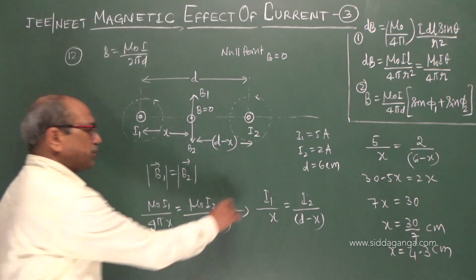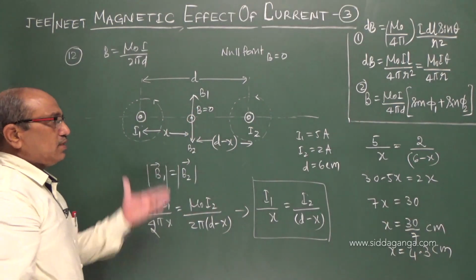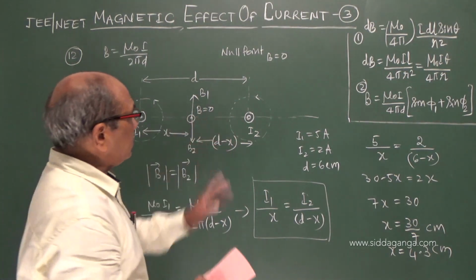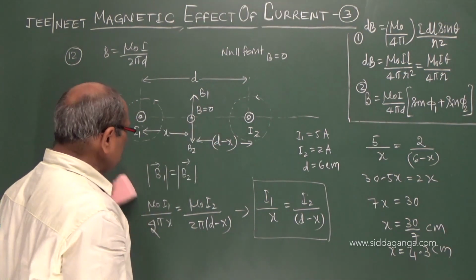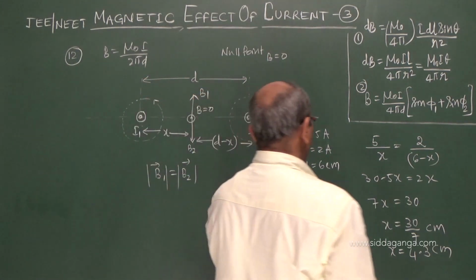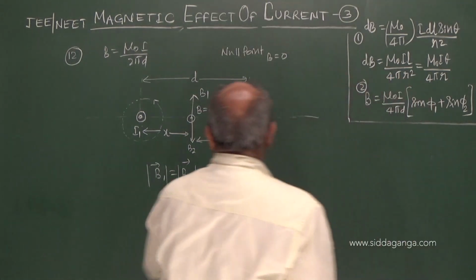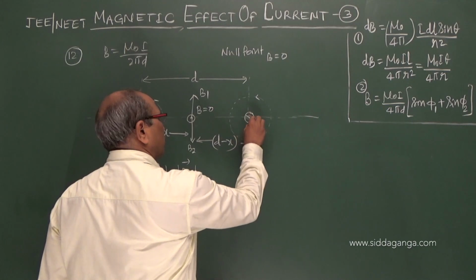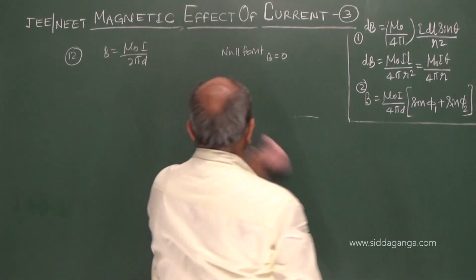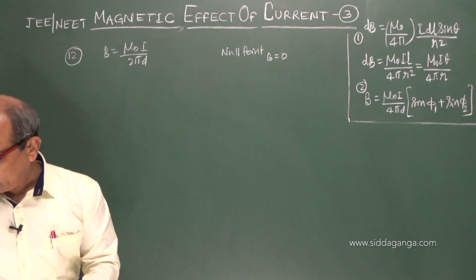The field becomes 0 there, but the most important thing is the relation from which the null point can be obtained directly. Now let us take the case where the current in one of them is in the opposite direction. Now the situation entirely changes. Earlier the two conductors carried current in the same direction.